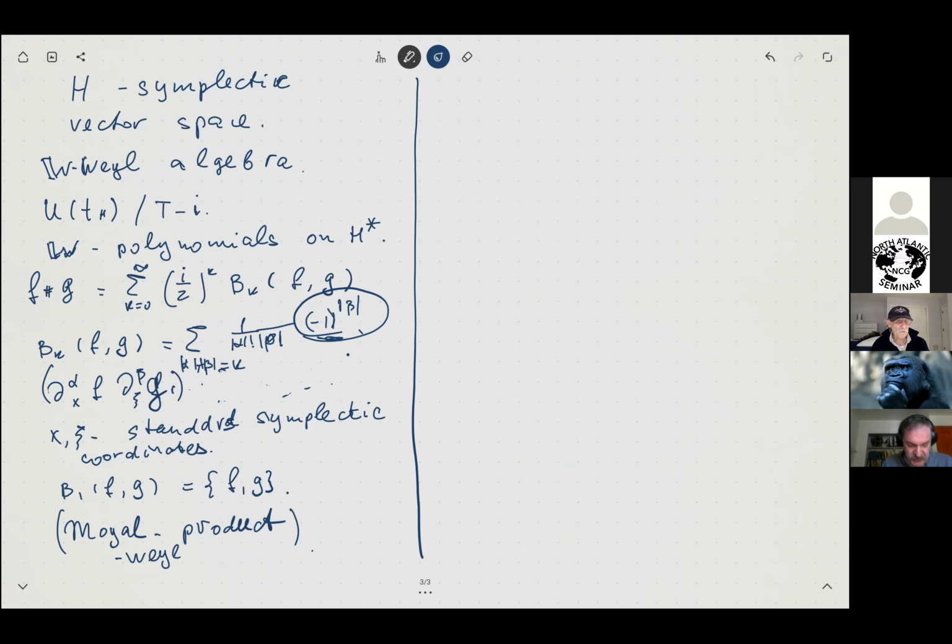Explicitly, we get a homomorphism from this enveloping algebra into the Weyl algebra W, by sending each x into x, which you view as a linear polynomial on the dual of h, and t is sent into i.